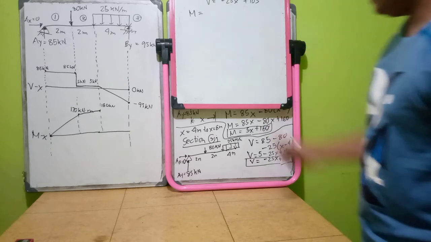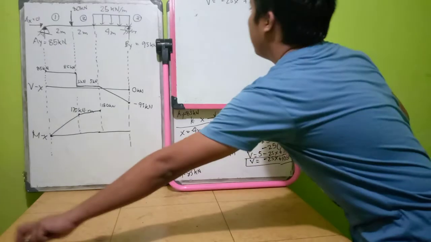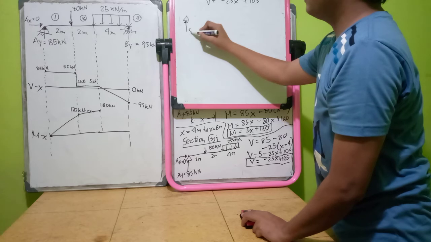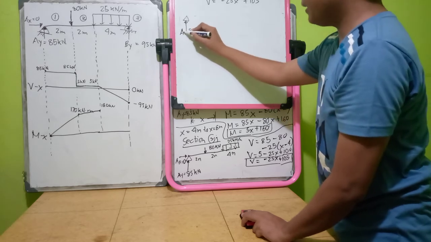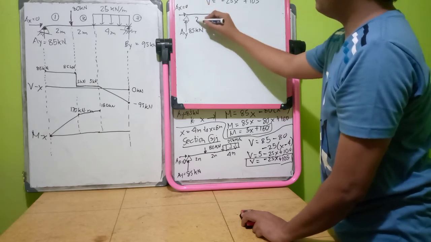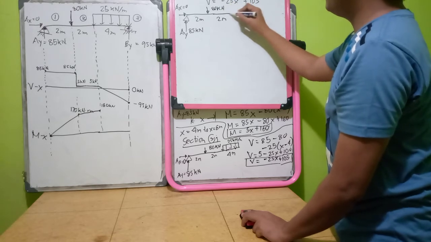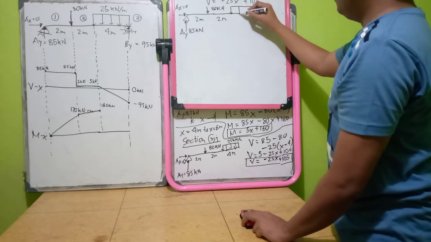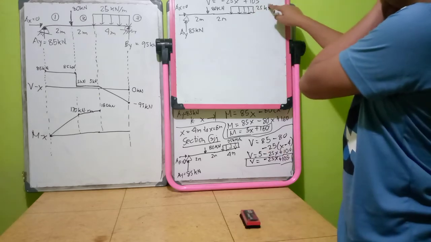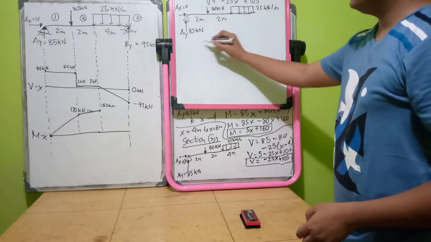So your moment here, maybe I will draw again the drawing. So we have 85 kilonewton, Ax is here 0, 2 meters, 80 kilonewton, another 2 meters, and then the distributed load 25 kilonewton per meter.